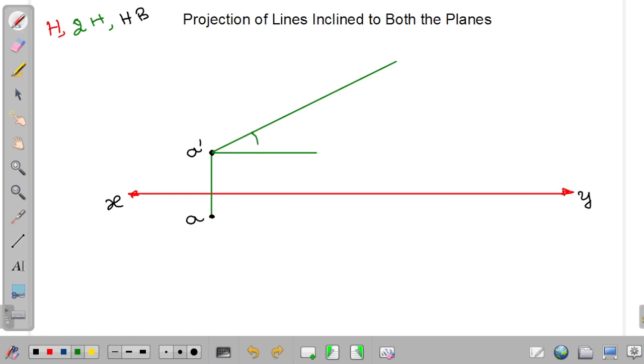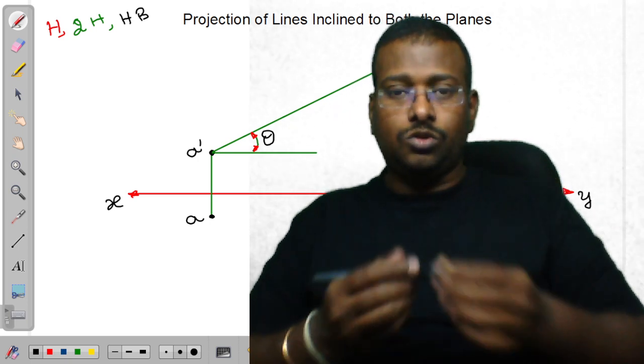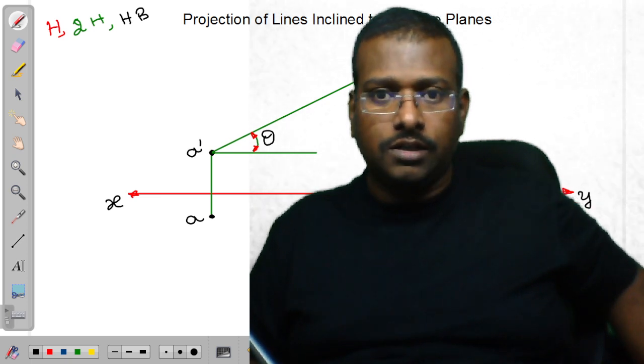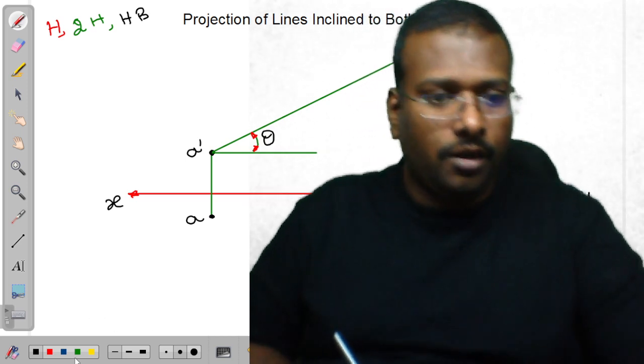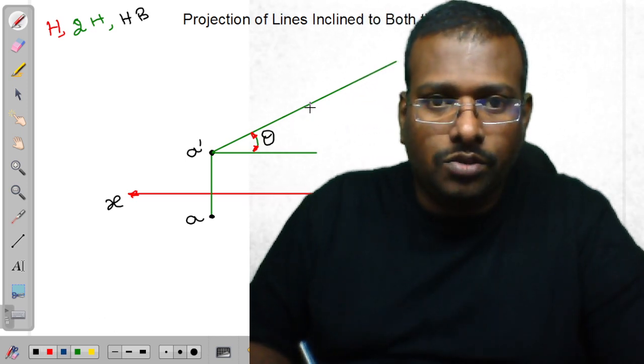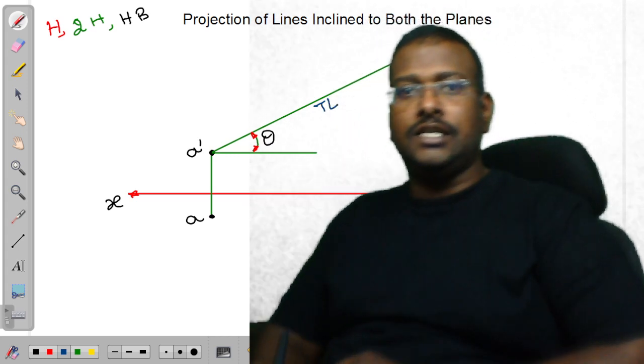It is making an angle of theta degrees, and it is a true length, not a reduced length. Whatever I write in blue color, don't write it in the answer. Here, for your clarity, I am writing this. So this is the true length of the line. True length I am going to mention as TL.